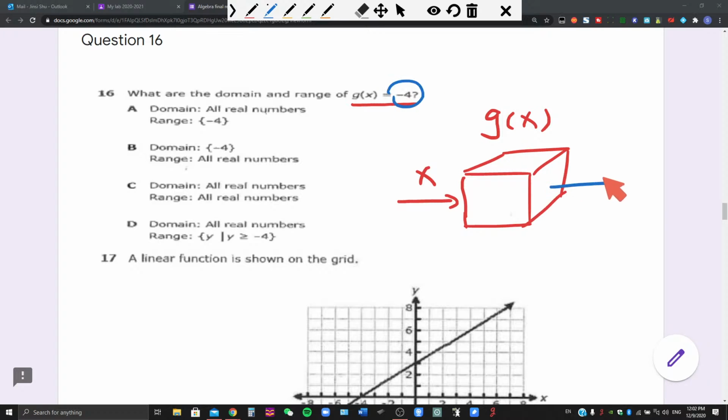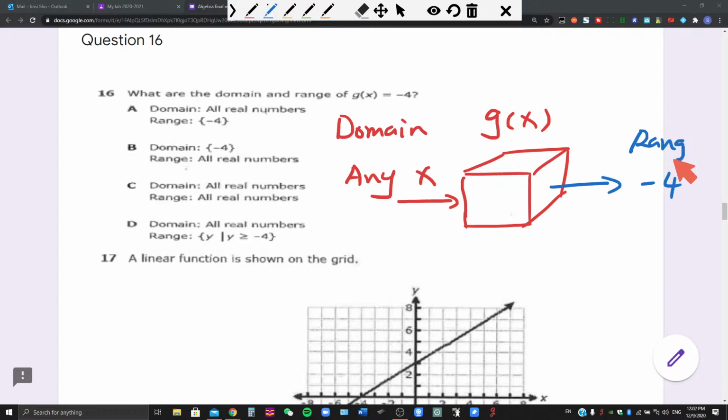The output is -4. That means for whatever x you put in, the machine will always give you the same result, -4. No matter what x you give it, you can give it any different value of x, the machine will only give you the output of -4. So therefore, we can say the domain is any x, and the range is just -4.